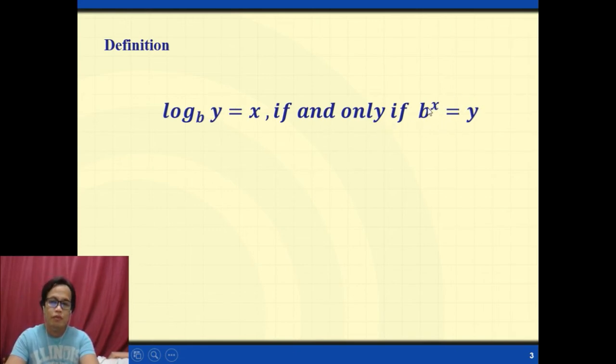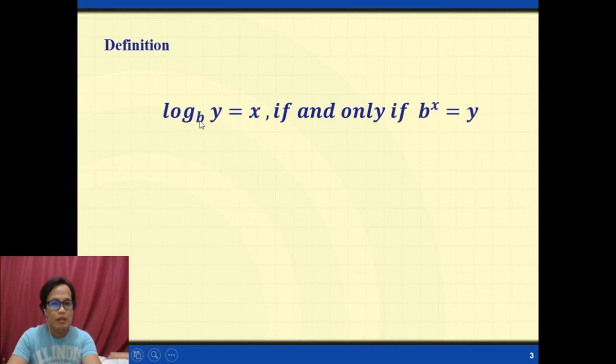For example, if you are given b raised to x equals y, when we write this one in logarithmic form, this can be read as log of y to the base b equals x, wherein the b here is the base, this is the exponent, and y is the power.